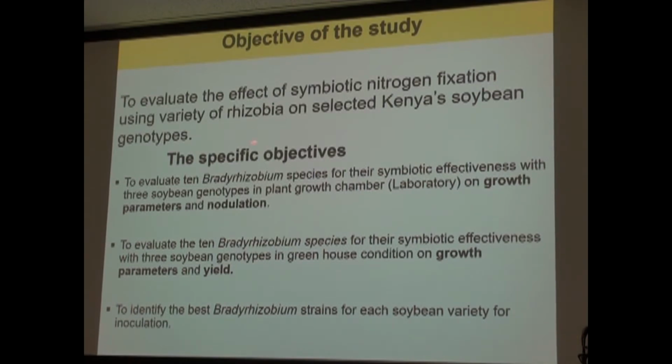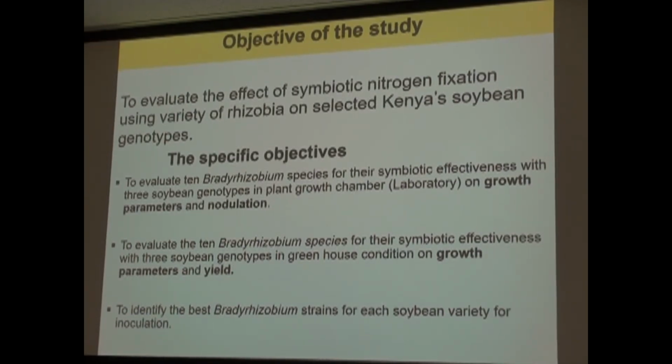The specific objectives were to evaluate 10 rhizobium species for their symbiotic effectiveness with 3 soybean genotypes in a plant growth chamber, which is a laboratory, on growth parameters and nodulation, and also in the greenhouse on growth parameters and yield. The final objective was to identify the best rhizobium strains for each soybean variety for inoculation.